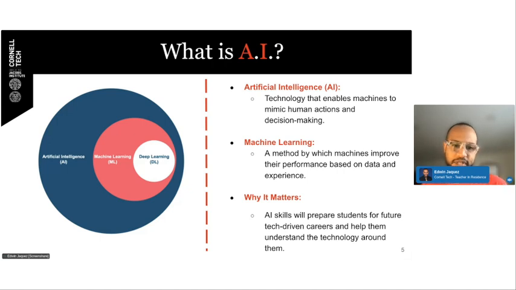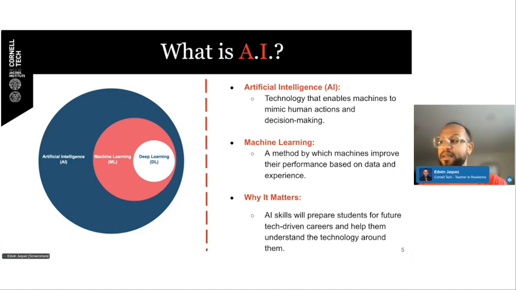We have artificial intelligence. Within that, we have machine learning, which is what we'll dive a little bit into. And then we have deep learning, which we will not talk about today, but it is within machine learning as well. Artificial intelligence is the technology that enables machines to mimic human actions and decision-making processes.